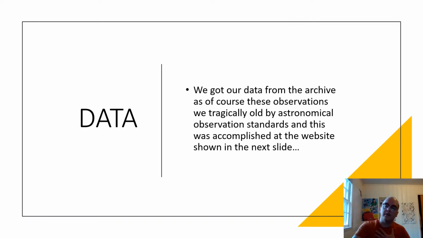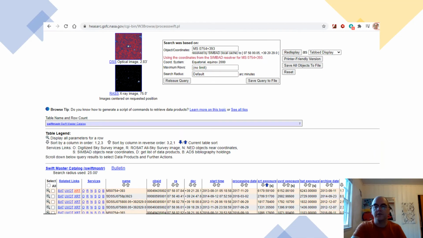So we got our data from the archive, as of course the observation from 2014 is not exactly fresh in the minds and hearts of astronomers everywhere. And this was accomplished at the website, shown on the next slide.